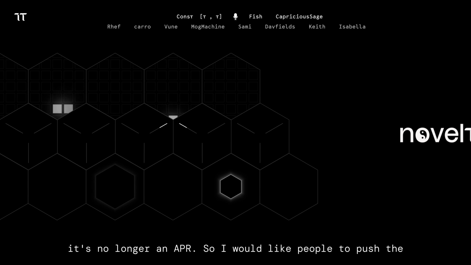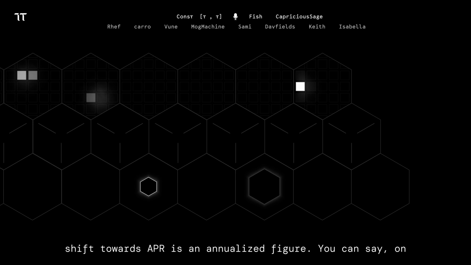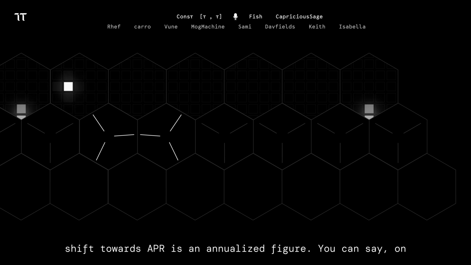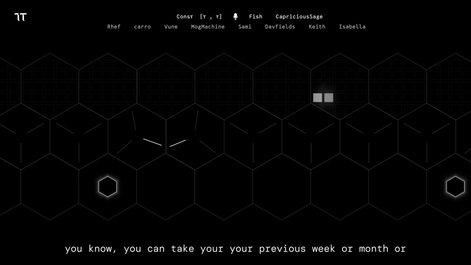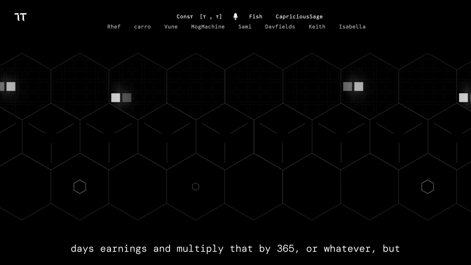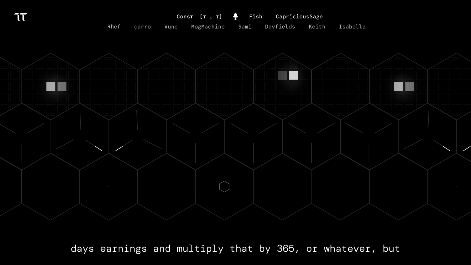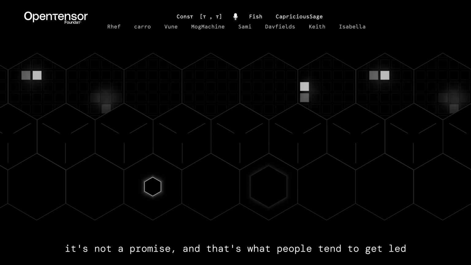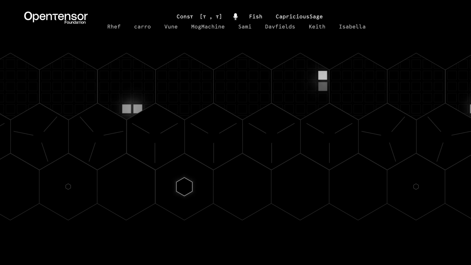So I would like people to push the shift towards APR being an annualized figure based on what you made in the last year, or you can take your previous week or month or days' earnings and multiply that by 365 or whatever. But it's not a promise, and that's what people tend to get led into, these promises of APR that are not attainable.